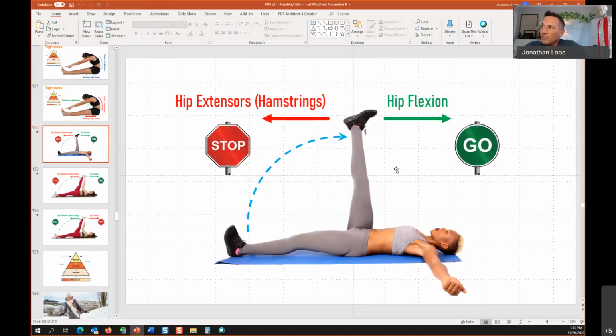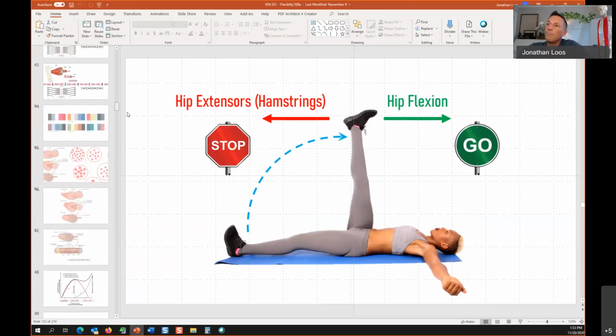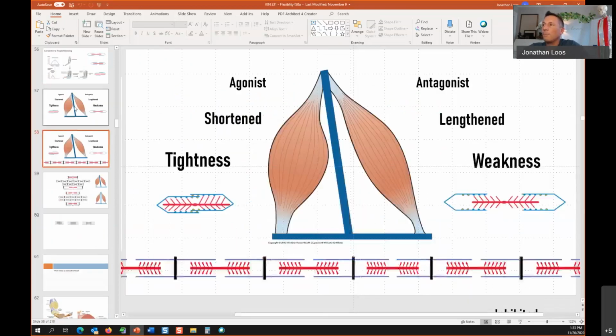So you can either do facilitation techniques or exercises to improve activation, and techniques or exercises to improve lengthening. And this is looking at active versus passive insufficiency. And again, appreciating that what's happening on one side of the axis is happening on the other side.